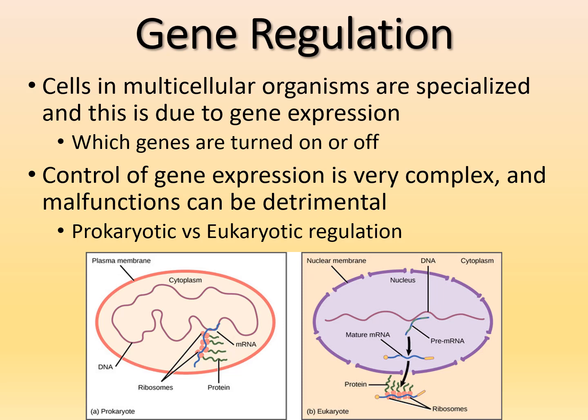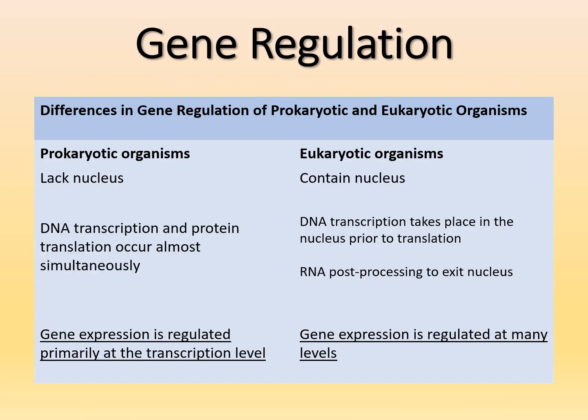And they can be very detrimental if we have malfunctions in gene regulation. And there's a lot of differences between our prokaryotic and eukaryotic regulation. Because if you think about the complexity between a eukaryotic cell and a prokaryotic cell, eukaryotic cells are much more complex. So we're going to have a lot more regulation in a eukaryotic cell versus a prokaryotic cell.